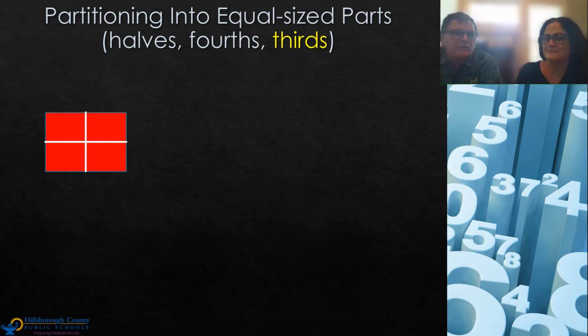I would want them to say that I see fourths and the parts are equal. They look identical, so they're equal size parts. They are congruent. They're mirror images of each other. So I know that what I'm looking at there are fourths.